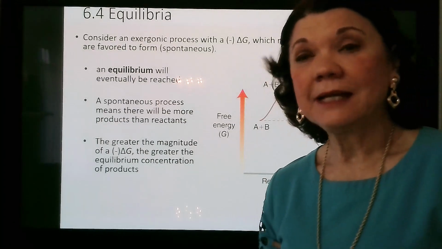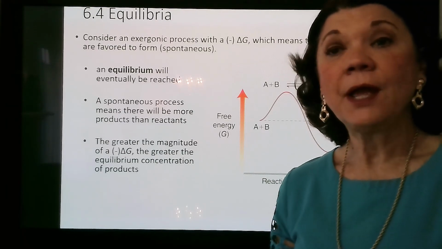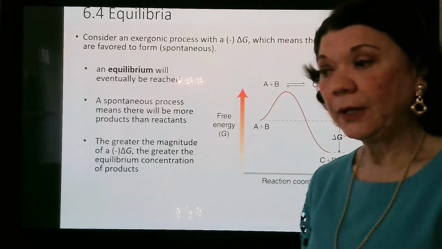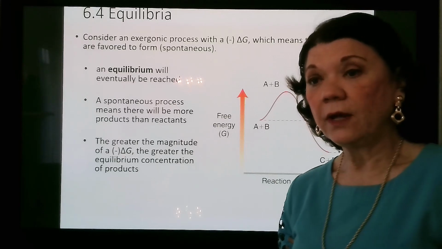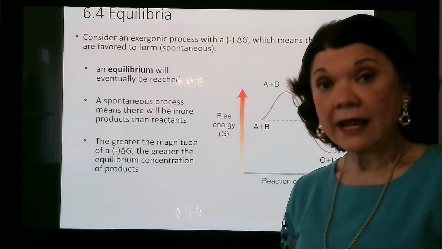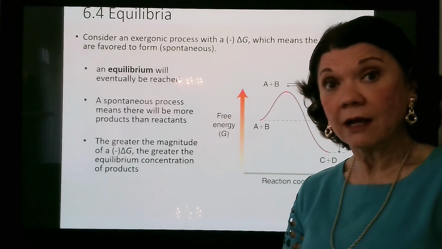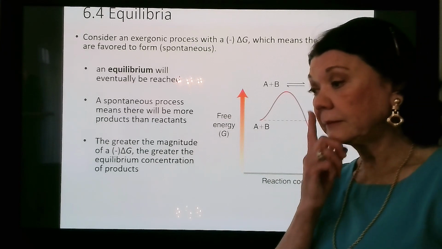So we're back, Chemistry 3053. Last class period, we talked about enthalpy and entropy and some of the concepts that have to do with reactions, which we're now going to look at: types of reactions. We're going to look at equilibria and kinetically controlled reactions.